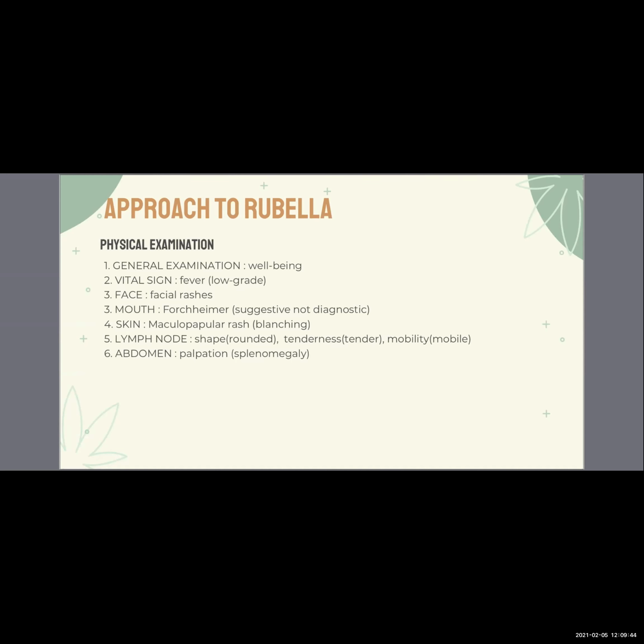During oral examination, we look for Forchheimer spots. It is suggestive of rubella virus, but not diagnostic. We can assess for maculopapular rash, which is a blanching rash. Then we look for lymphadenopathy, and assess for shape, tenderness, and mobility. Then the abdomen, to assess for any organomegaly in severe cases such as splenomegaly.